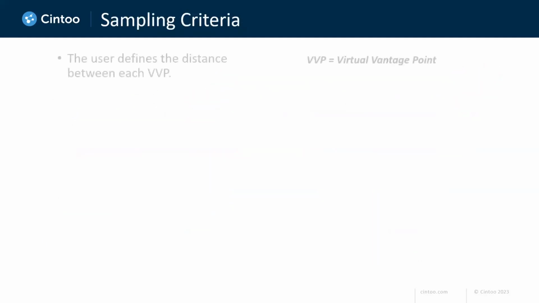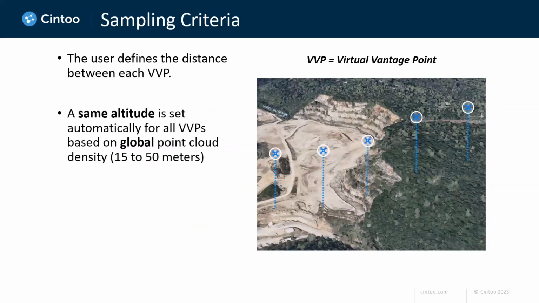Then what we do? The only information that the user needs to give is the distance between each virtual vantage point. Then the process is all automatic. We will set the altitude of the vantage points automatically, taking into account the global point cloud density. Usually it's an altitude between 15 and 50 meters. These VVPs will follow the point cloud topology.